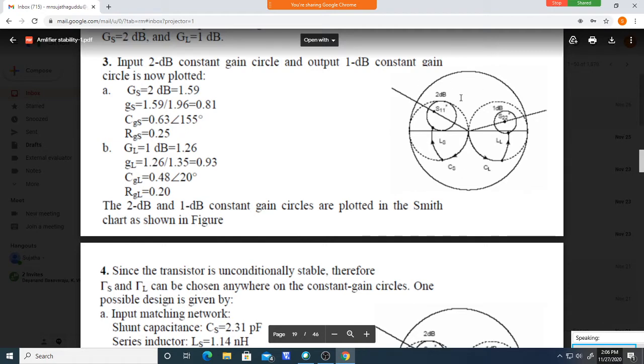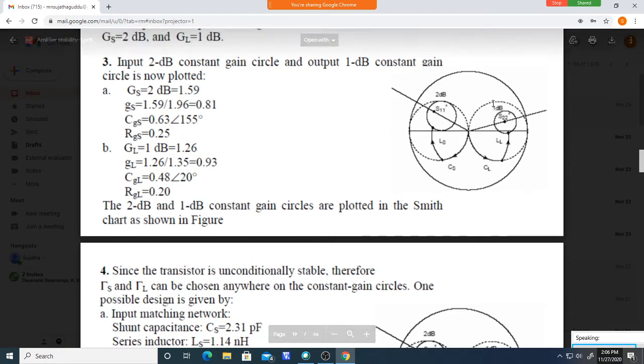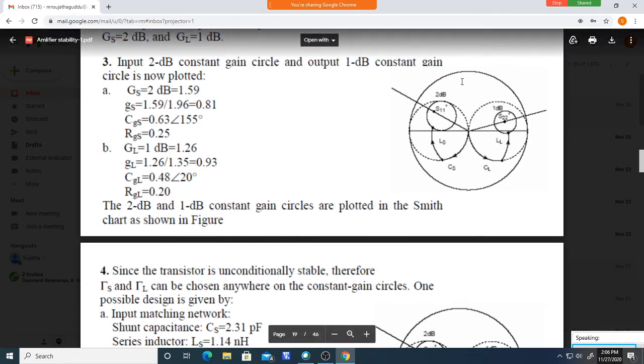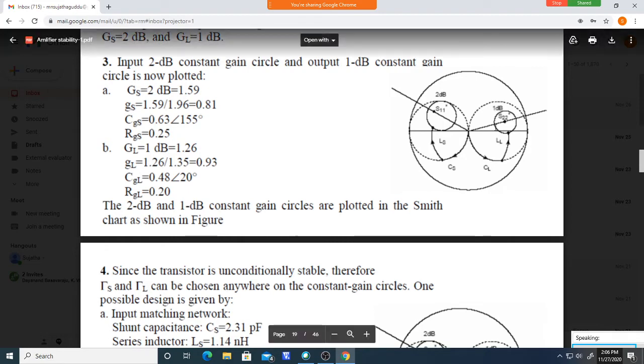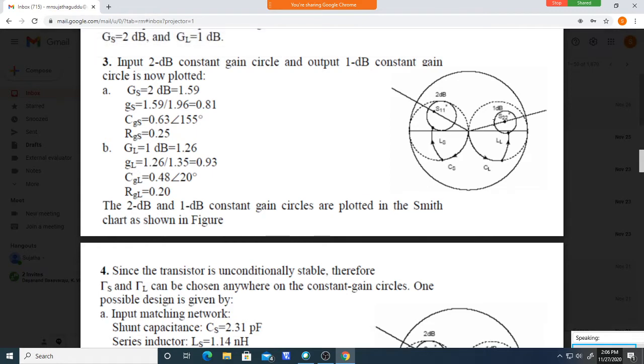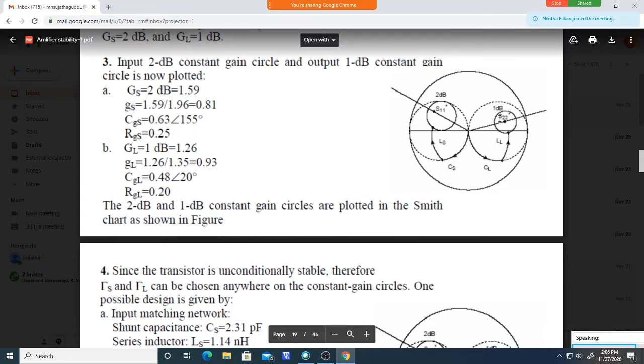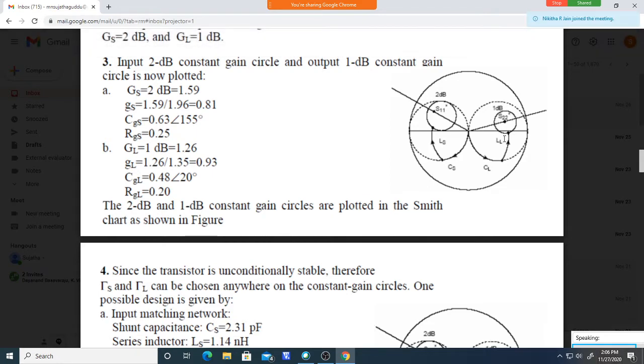We came to know it is unconditionally stable. Once it is unconditionally stable, any value over this gives a stable operation. But to get a 1 dB gain, you should take the value only over this circle. That's why we have drawn the 1 dB gain circle. This is for ZL, for the selection of the output matching network.